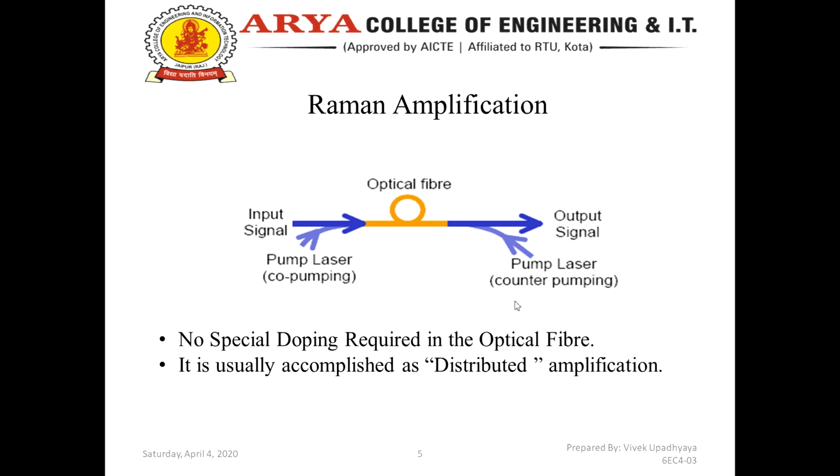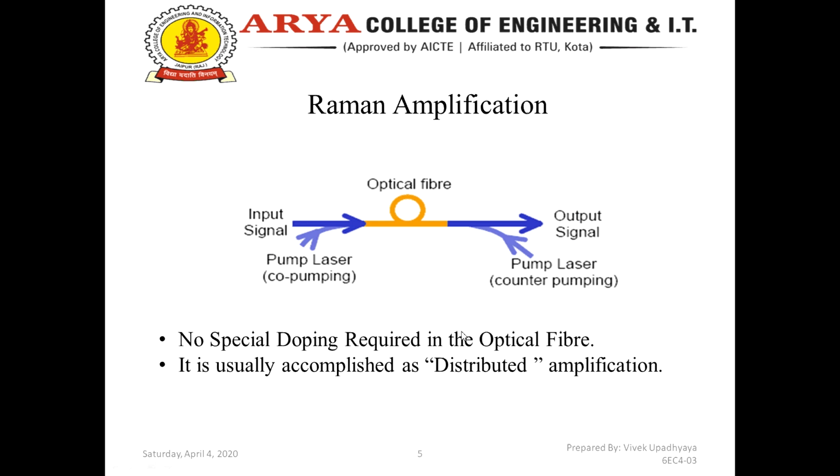Now the Raman amplification. As we can see in the figure, here is an input signal, then the optical fiber, pump laser, output signal, and the pump laser for counter pumping.